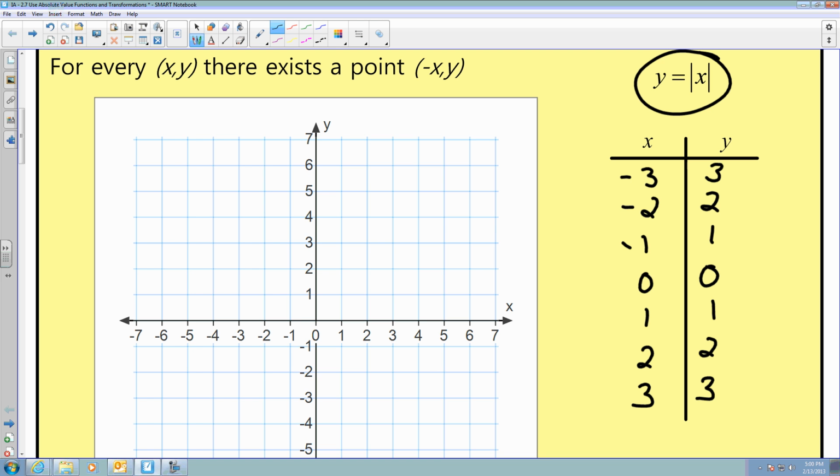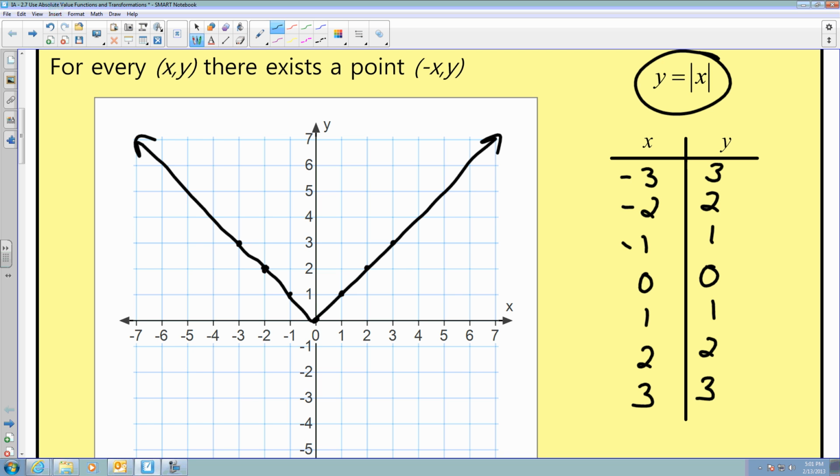So when I plot these points, I'm going to go -3, comma 3, -2, comma 2, -1, comma 1, 0, comma 0, 1, comma 1, 2, comma 2, and 3, comma 3. This is where that V shape that they were talking about comes in, and then I just connect the dots.